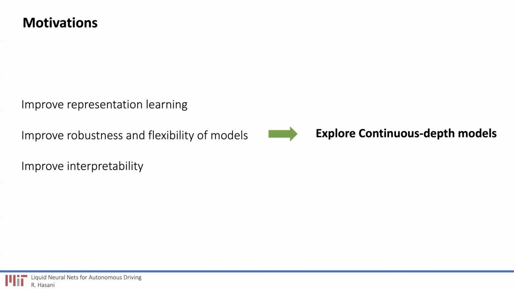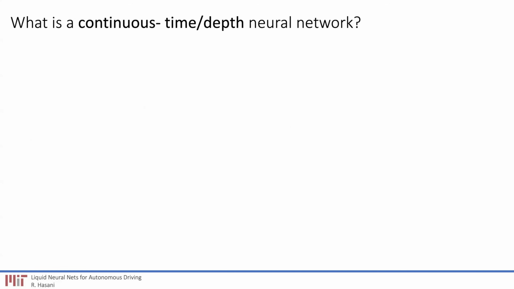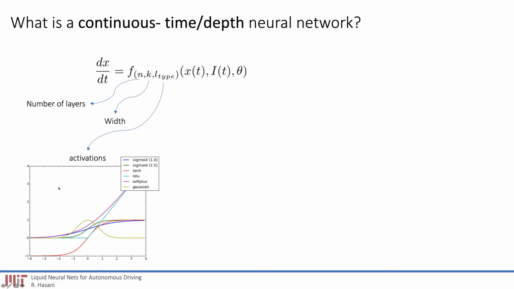So let me tell you what a continuous time or continuous depth model is. Imagine a neural network f that parameterizes not the hidden state, but the derivatives of the hidden state. So neural network f with n number of layers, k width, and a choice of activation function.